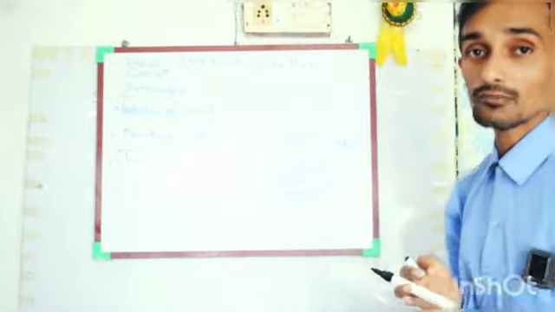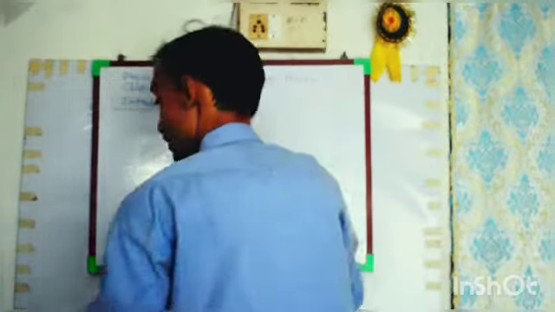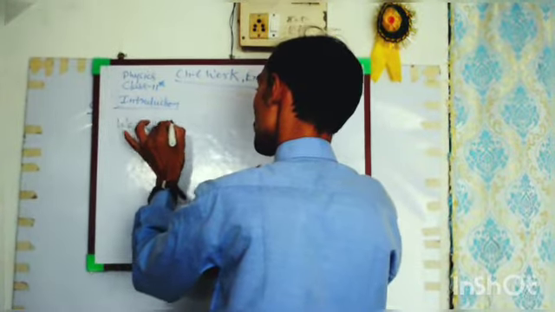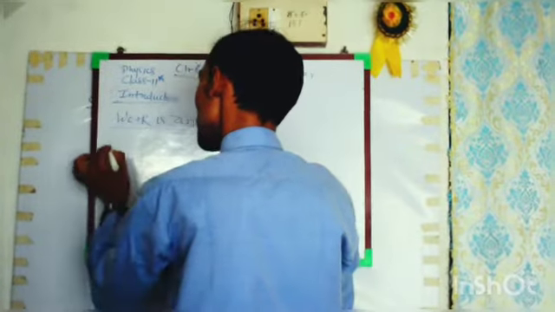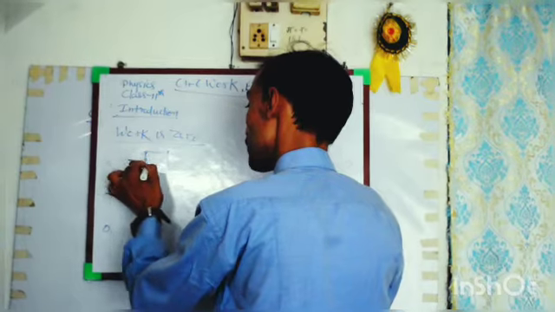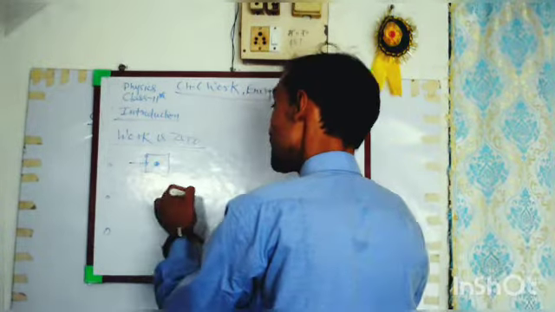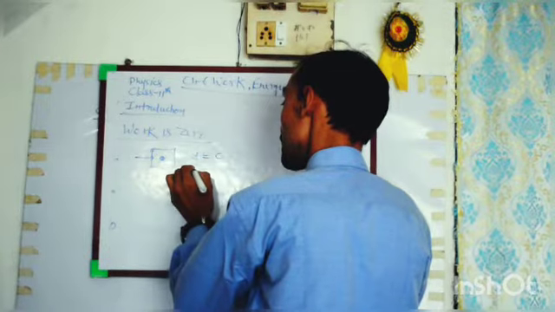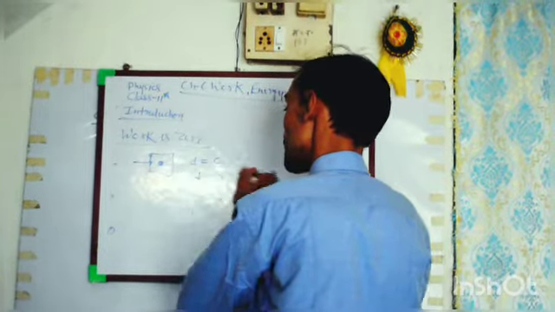Another form is zero work. How do we obtain zero work? In some cases work may be zero. Let's suppose I am applying a force, but the body is not moving. Then the displacement is zero, so the work will be zero.